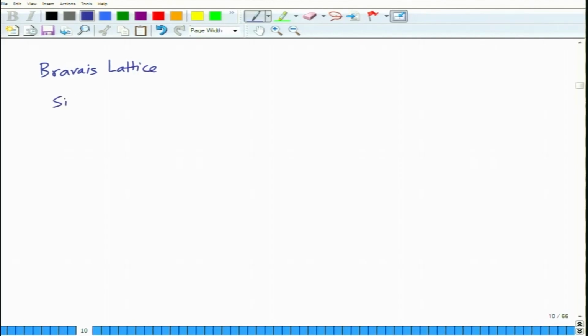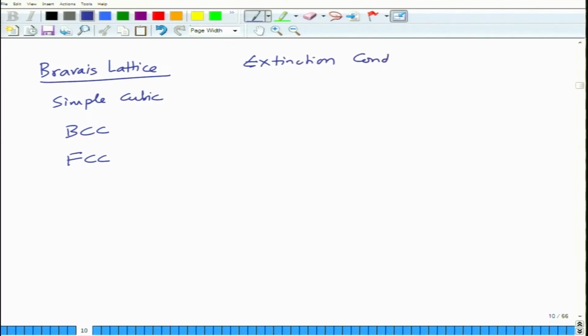With respect to Bravais lattice, if you have simple cubic, if you have BCC and you have FCC, okay. There are other lattices which you can do yourself. So, reflections which are extinction condition: for simple cubic, all HKL present, basically all peaks diffract.